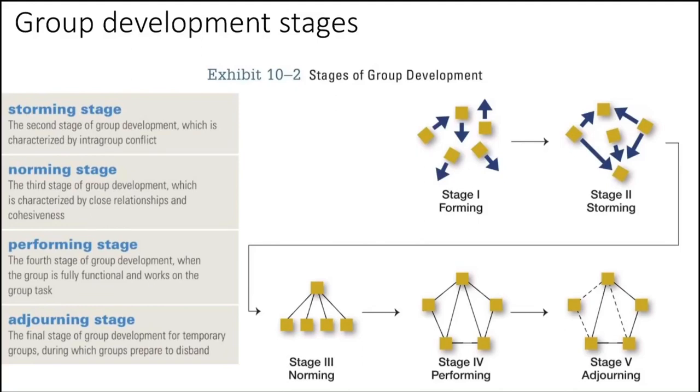But with some coercion or some directive behaviour of the manager, the performing stage can be achieved. So we work together to achieve the goal or the mission, or the reason why the group is formed.